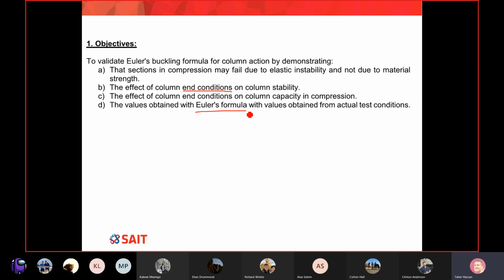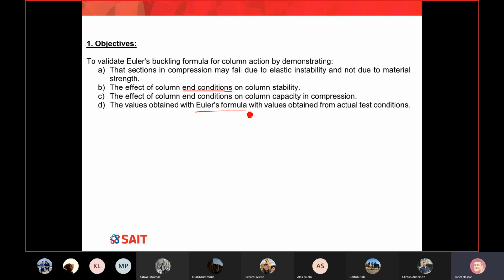He called it Euler formula, and this formula, you can use it to predict the buckling or the critical load of a column. We'll look at the equation later on, but really one of the objectives in our class is to make a little comparison between the loads predicted from Euler formula against the loads that we can obtain in the lab.